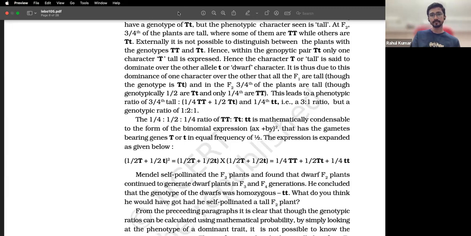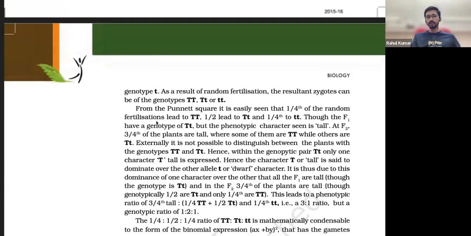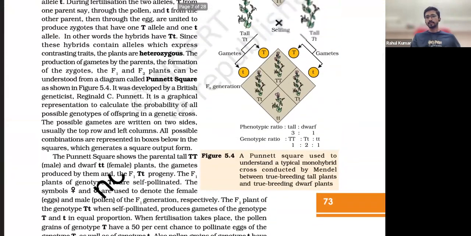Yes, Parker is on the same page. So that's exactly what they are trying to elucidate by saying that this whole ratio, capital T was 1/4. Capital T was 1 out of total 4.